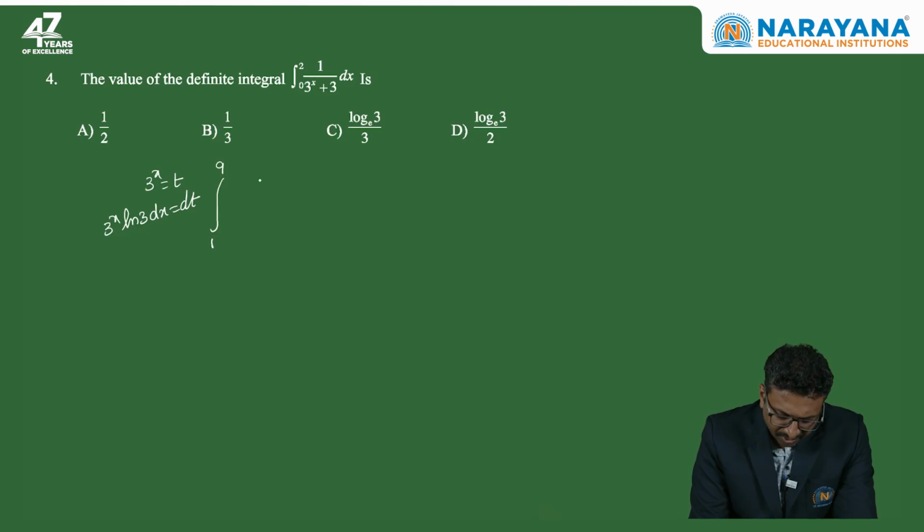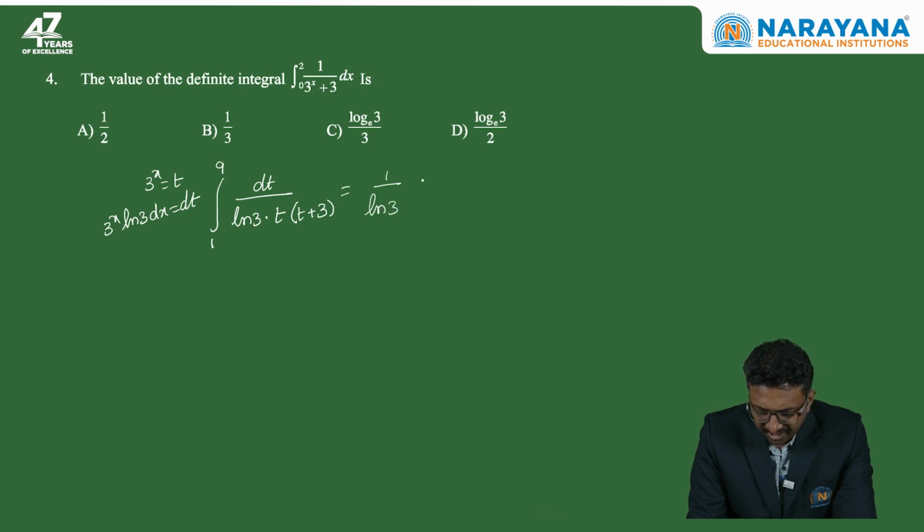So integration 0 to 9, dx is dt by ln 3 into 3 power x, which is nothing but t. So this is equal to 1 by ln 3 times integration 1 to 9 of 1 by (t plus 3) into t dt.